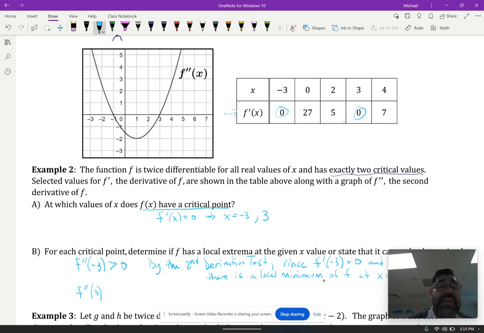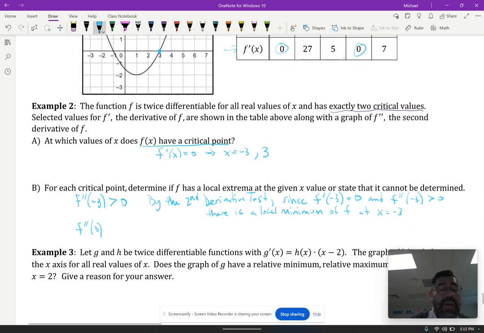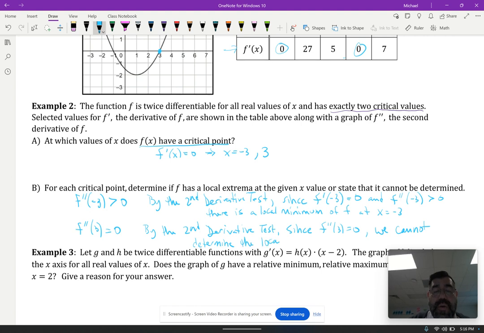Okay, so let's look at the second derivative at +3. Where is the graph at +3? Well, the graph at +3 is at 0. Uh-oh. By the second derivative test, since f double prime of 3 is equal to 0, we cannot determine the local extrema.